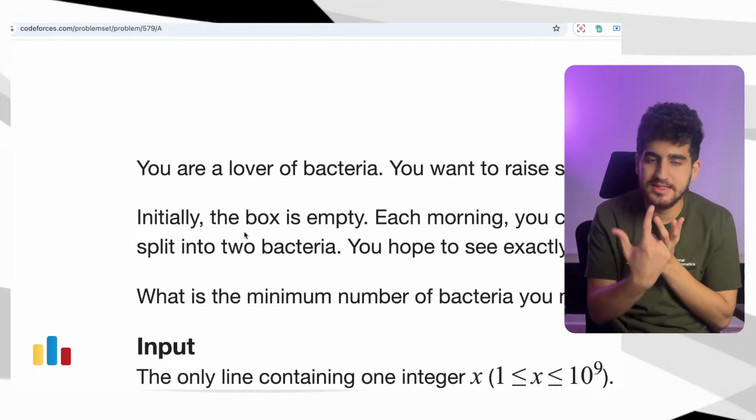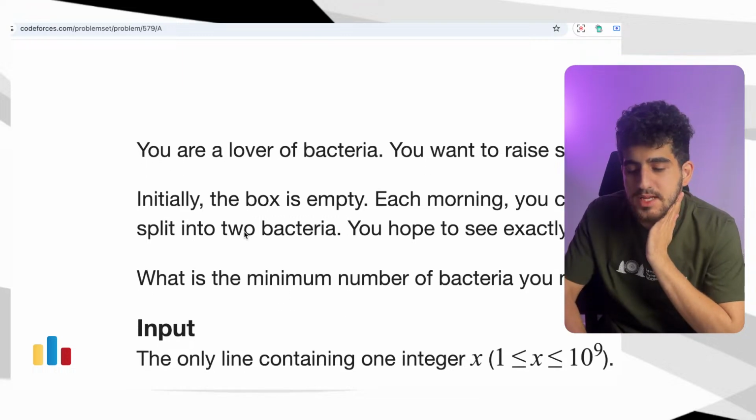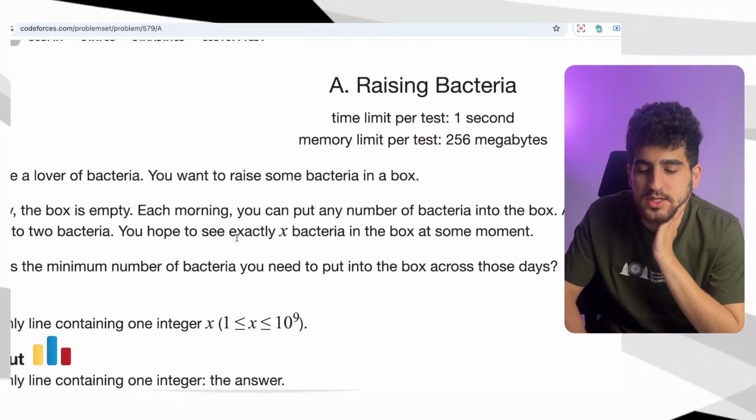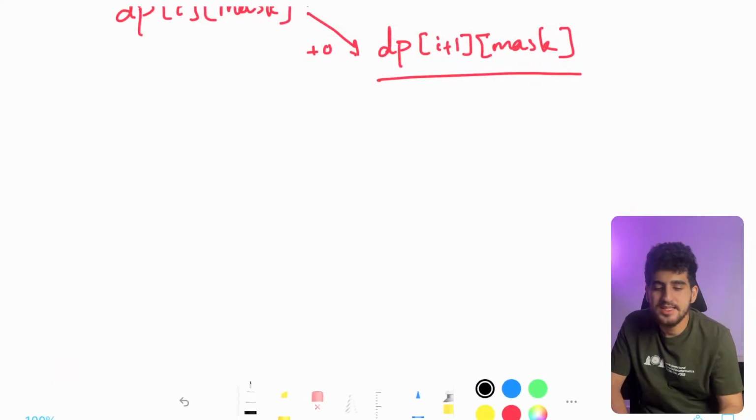And each day you can add some bacteria to the box as well. You have to say what is the minimum number of bacteria that you need to put into the box across those days. Again, in this problem, each day you can, for example, add 1 other bacterium into the box or more, and then the next day it would be twice.